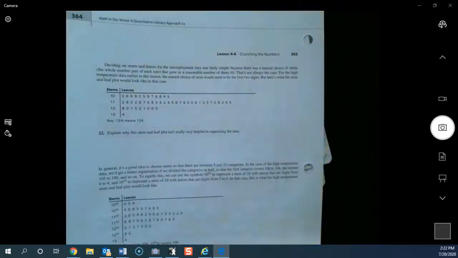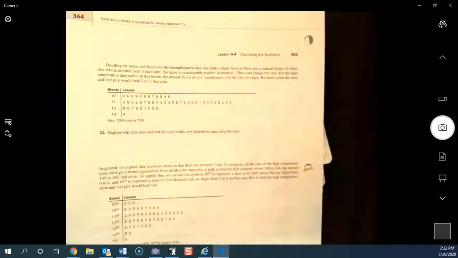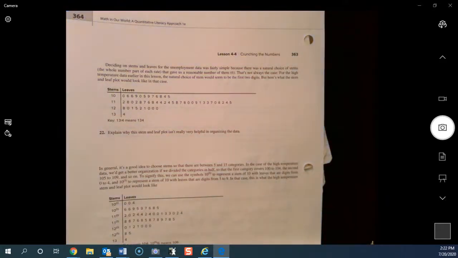If you notice here, we only have basically four classes here, or 4 stems. And we know that is a lot of data. Now, 22, it says, explain why this stem and leaf plot isn't really very helpful in organizing the data.